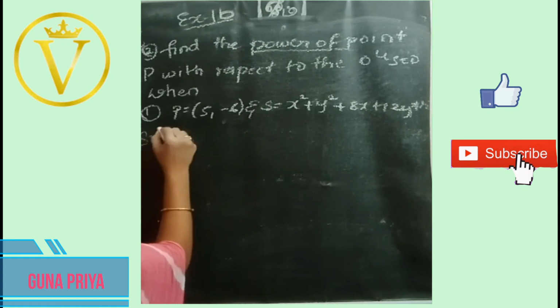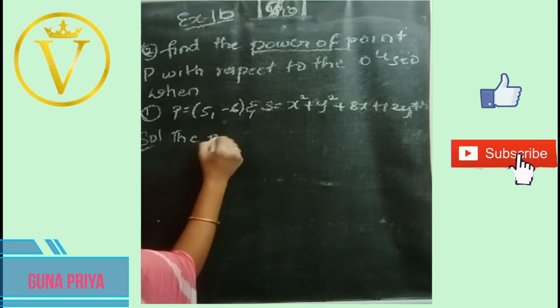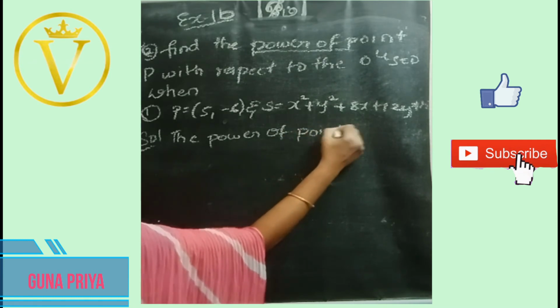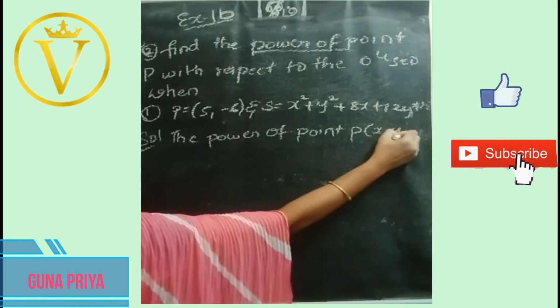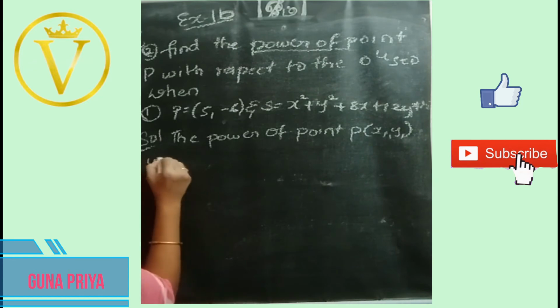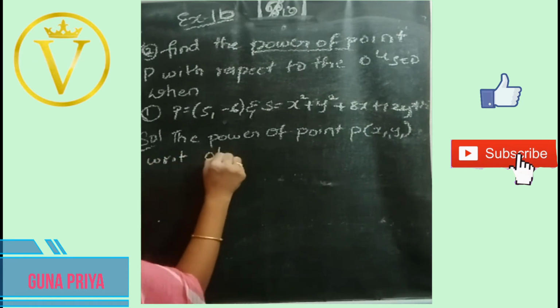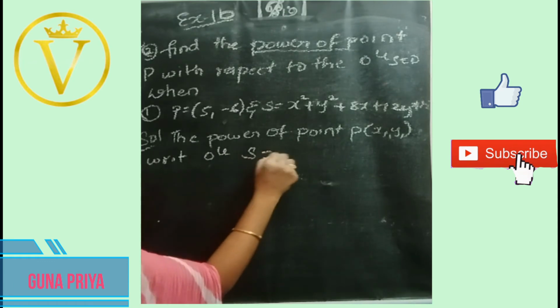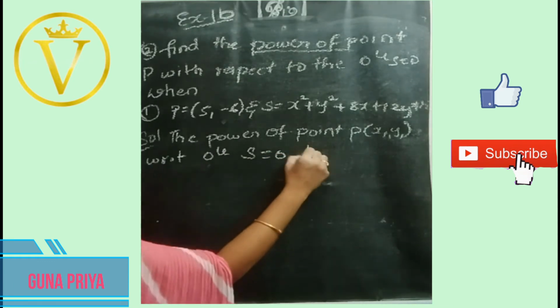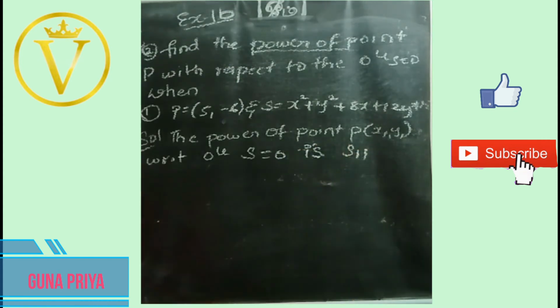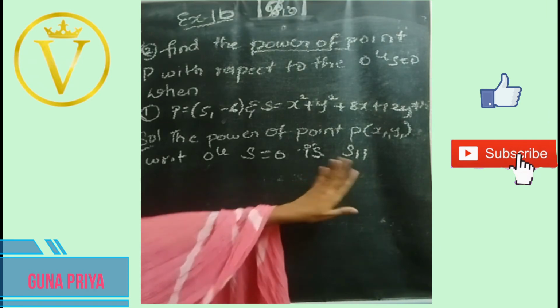The power of point P, which is (x1, y1), with respect to circle S equals to 0 is S11, so we have to find out the value of S11.